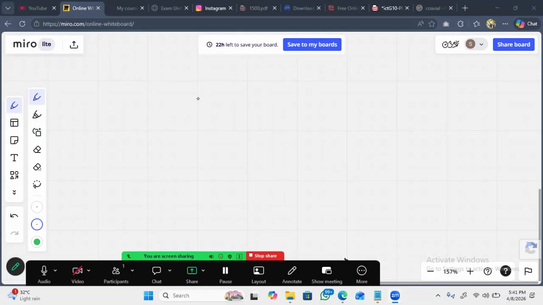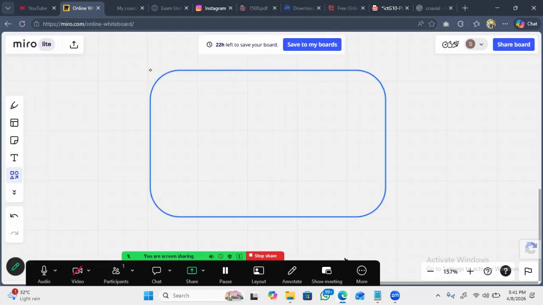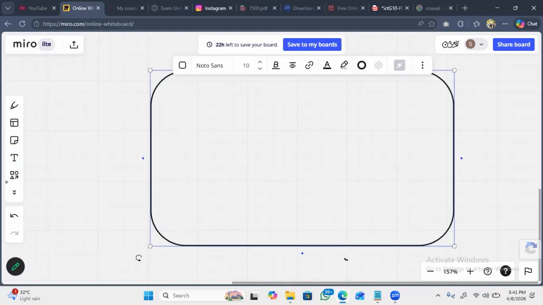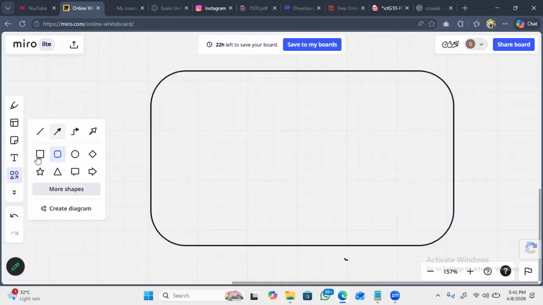Okay, kids. So now let's try to go to an office room. Here you have an office room. Inside here you have several computers.